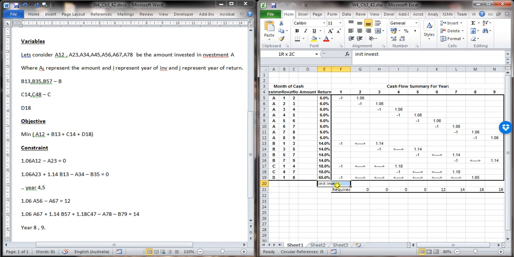So this initial investment, you can put it here. So this should be our initial investment amount.